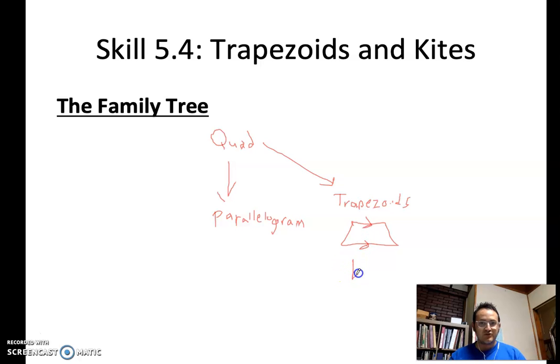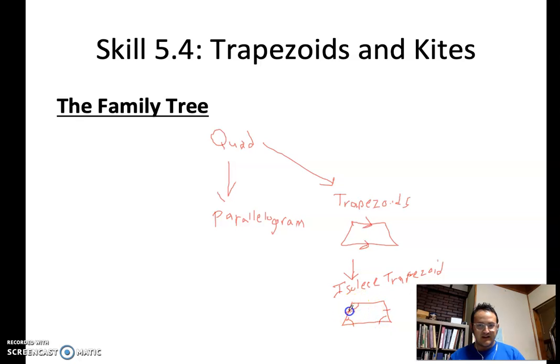And then there's a special type of trapezoid that is called the isosceles trapezoid. And what that has in terms of features, both the legs are congruent, the base angles are congruent.